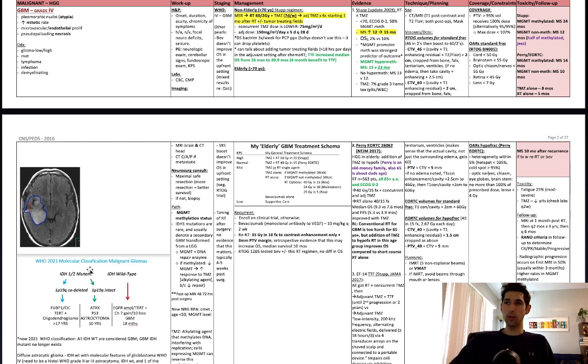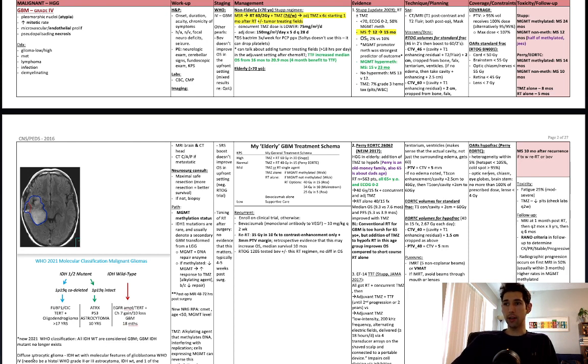The WHO 2021 molecular classification now basically looks at IDH status primarily. So is it IDH 1 or 2 mutant or IDH wild type? If it's an IDH wild type tumor, then it is automatically classified as being a GBM. You then look at EGFR amplification or TERT positivity, chromosome 7 gain or 10 loss.